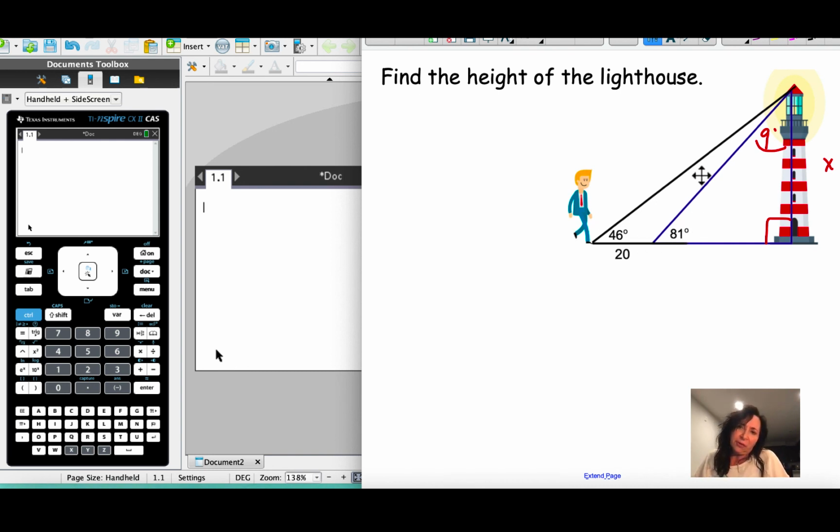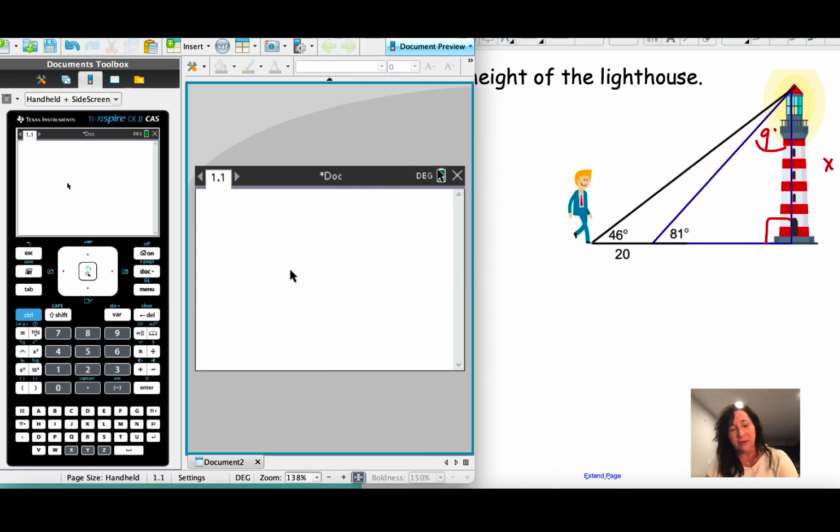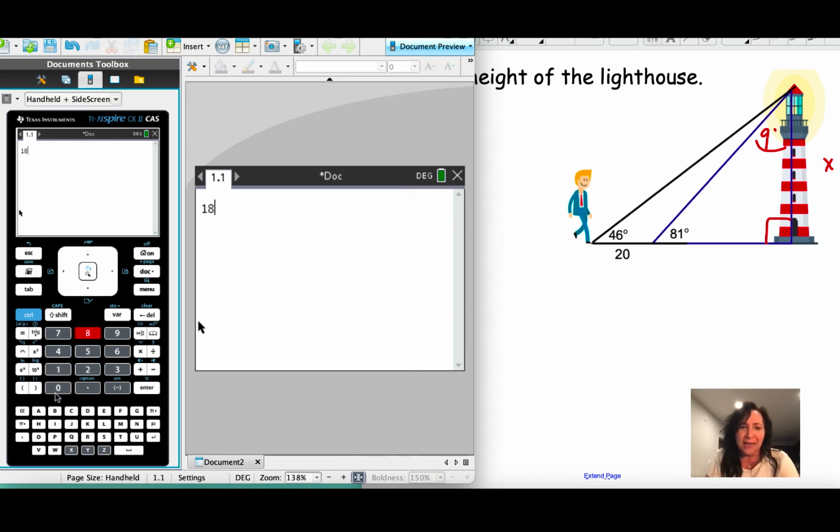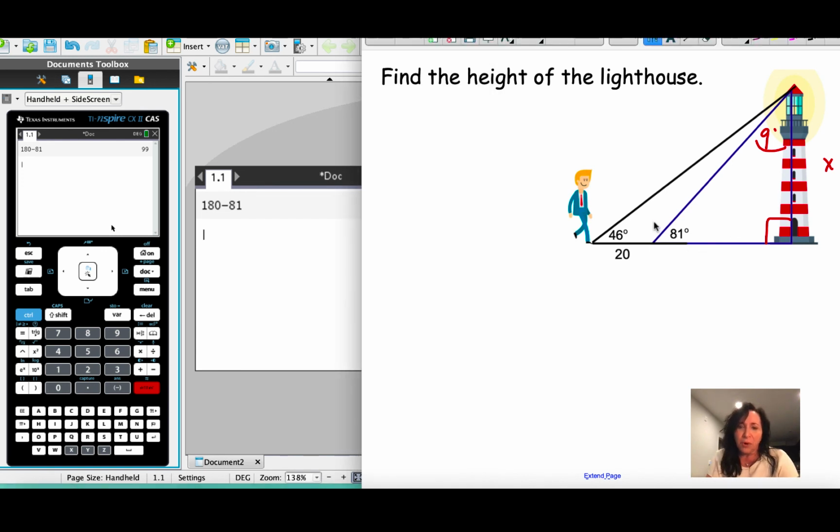For this triangle here on the left, if this is 81 here, we can go to our calculator, and you could do this in your head, but you also could go 180 subtract 81, and you're going to get 99 degrees, which means that for this triangle in here, this little part is 99 degrees.